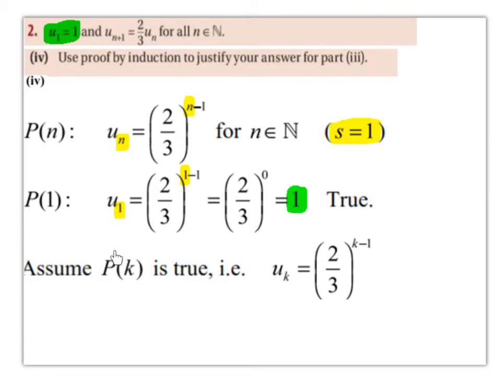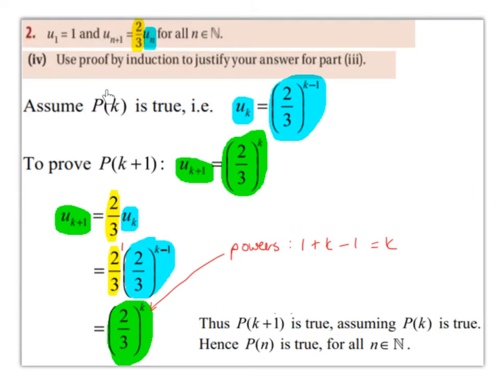Next, we assume that P(k) is true, i.e. that uk is equal to 2/3 to the power of k minus 1. So all we've done here is swap these n's for k's. So we assume P(k) is true, i.e. that uk is equal to 2/3 to the power of k minus 1. So we went through that in the previous slide.